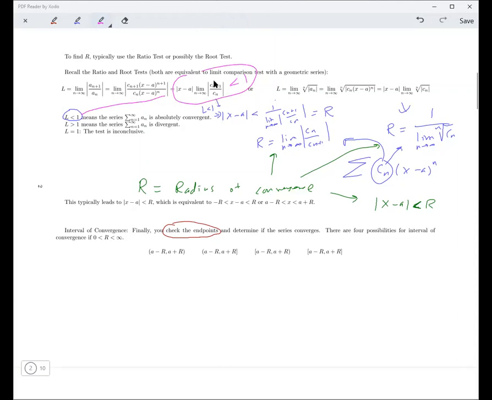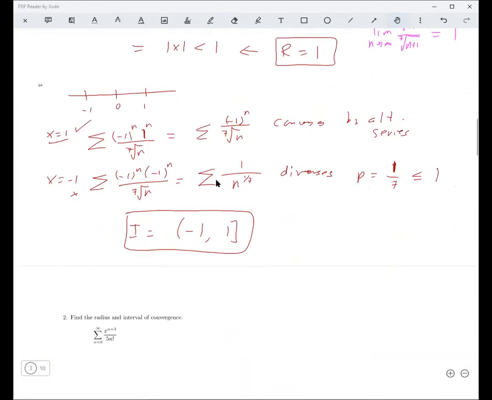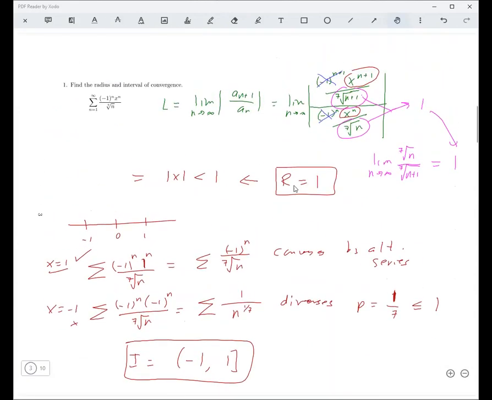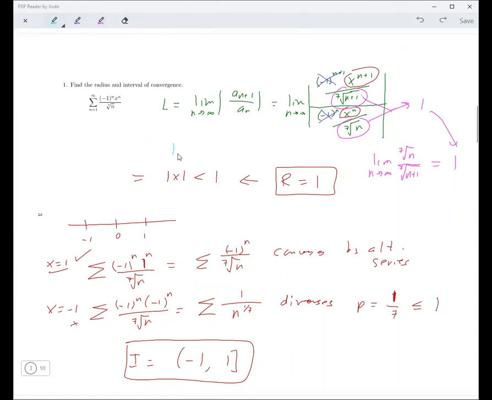So the thing is that this limit here just turned out to be 1. So that's kind of a special case right there. So in other words, let me write it right here. It comes from L less than 1.